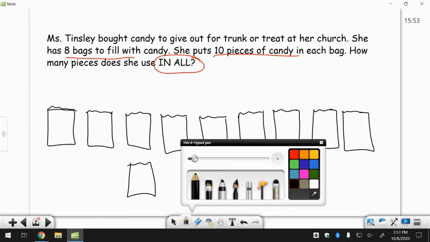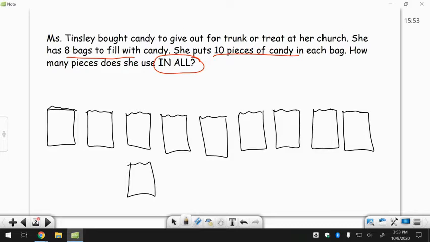So I have my 10 bags, right? Because it says Miss Tinsley had 8 bags to fill with candy, but that's okay because you know what?